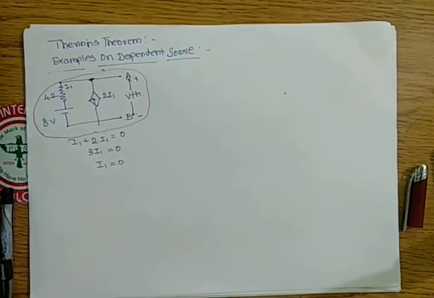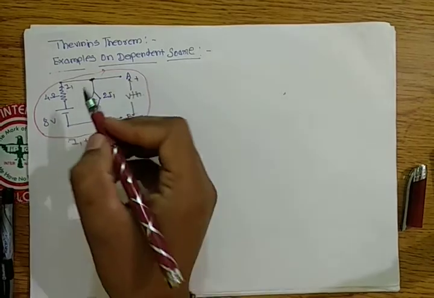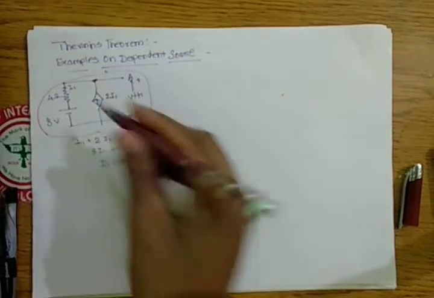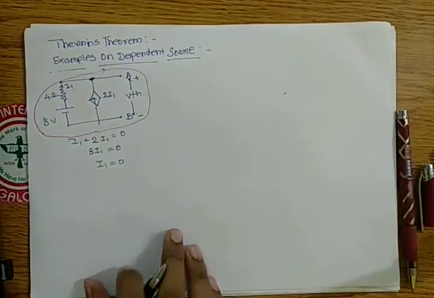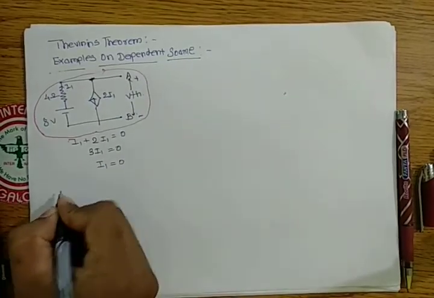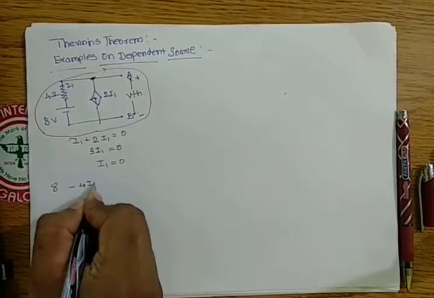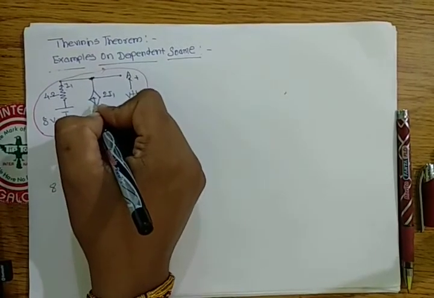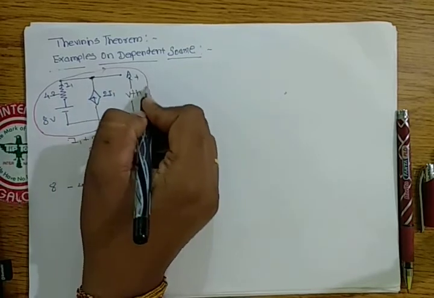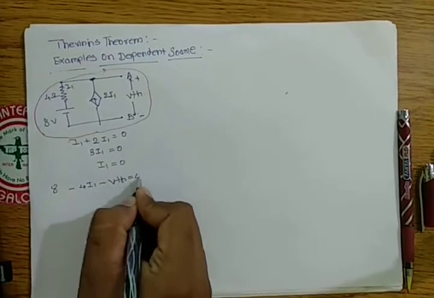For this loop we have to find VTH, so we apply KVL. We start with the 8 volt source: plus 8 volt, then minus 4I1, and we don't have to consider this, we will take it as a supermesh. Then going from here to here, minus VTH is equal to 0.